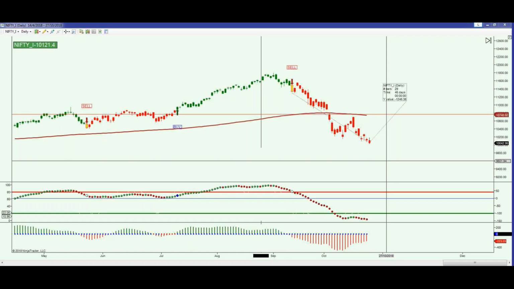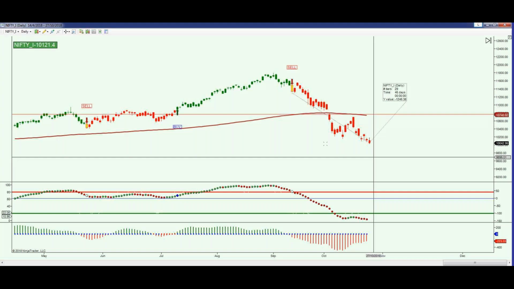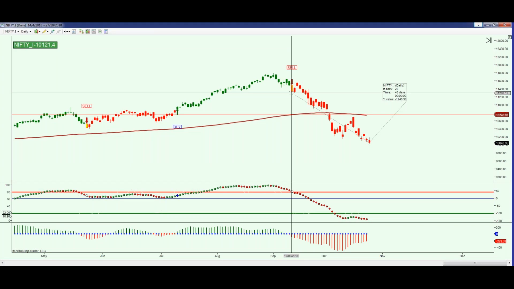This particular chart being displayed for you is a daily chart. That means every candle represents a particular day's trade, the complete trade of that day: the high, low, open and close. So I have a sell call here which got generated on 12th of September.